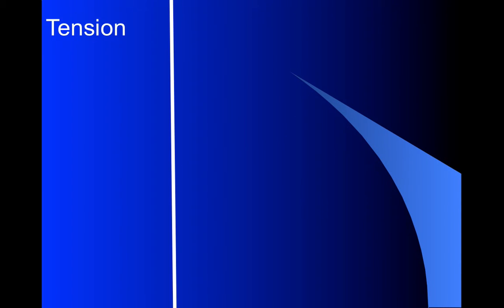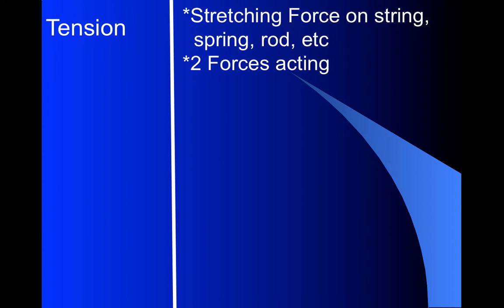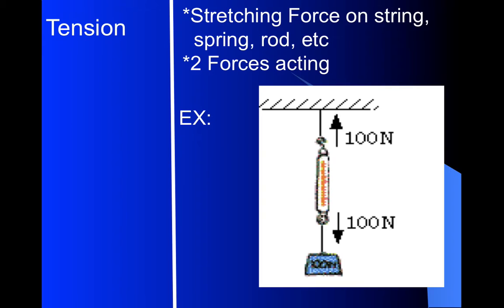Now, another topic under mechanics is tension, and you've probably heard of tension. Now, what is tension? It's pretty much the use of a string, spring, or rod, or some kind of mechanical device that stretches. And with that stretching force, there are 2 forces that are involved. So here's an example.